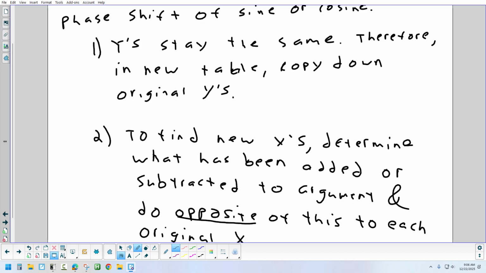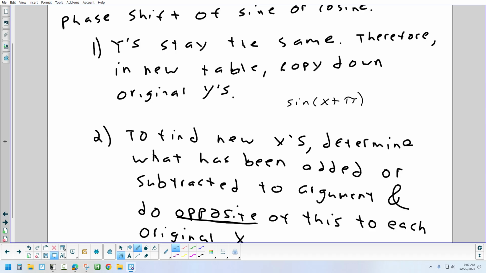Now, for the x's, we have to remember we do the opposite. If you see something like x plus pi, plus is going to shift the graph to the left. The only way you can make x values move to the left is if you make them all smaller. So that means you have to subtract pi from all of them.